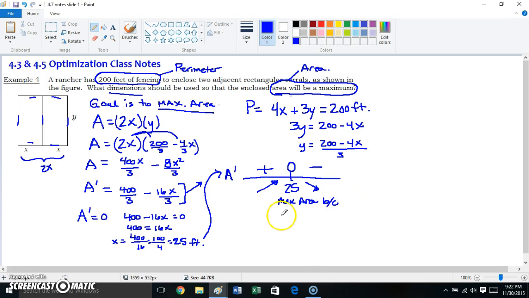because A prime changes sign from positive to negative.